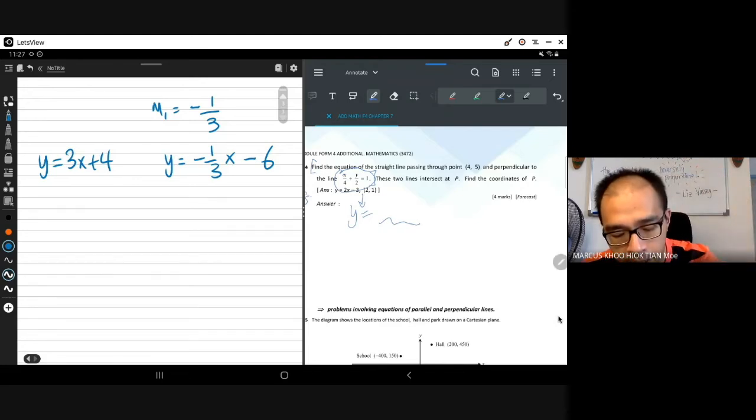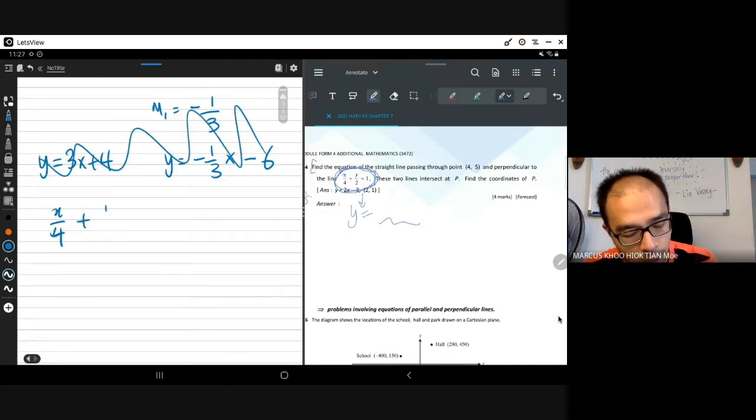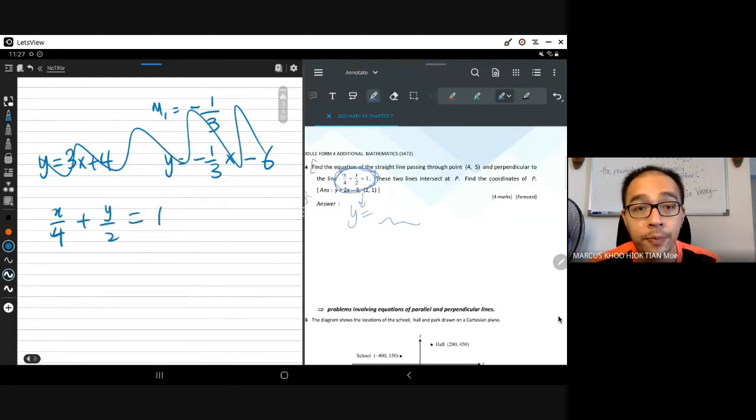But let me guide you on how to change this into y equals. So x over 4 plus y over 2 equals 1. The first thing you do is you cross multiply.